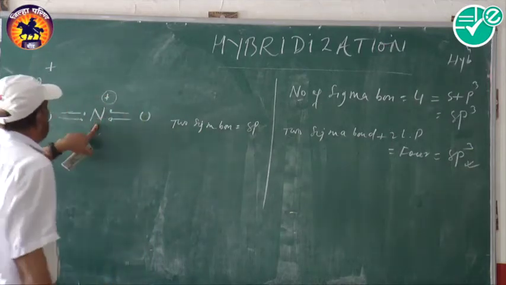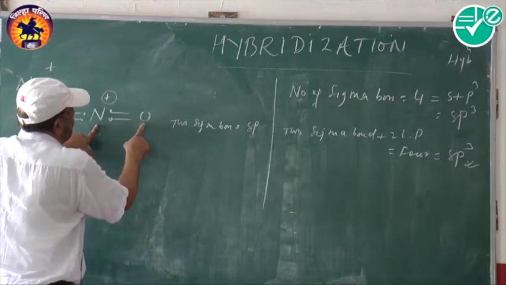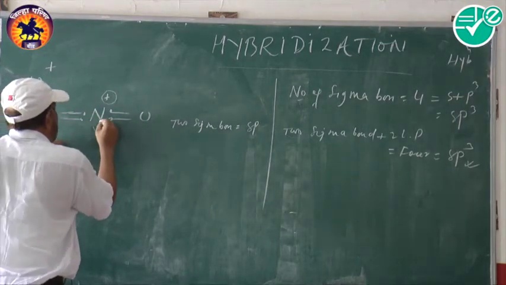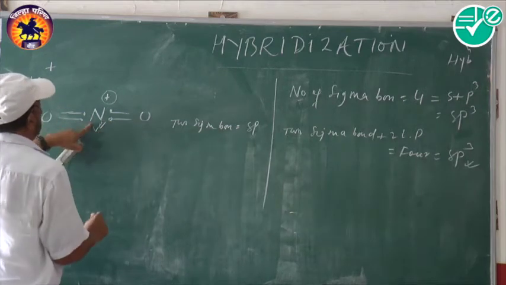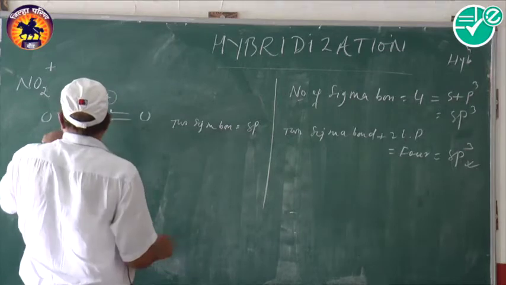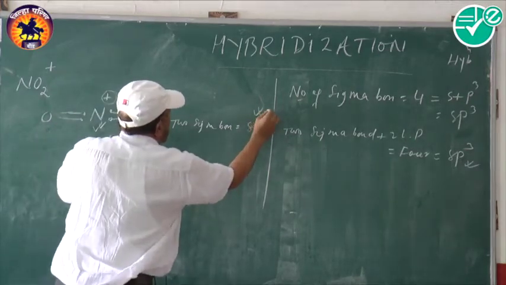Again see, N has 4 bonds, 2 with each O atom, and it should have 5 electrons, but there are only 4, that's why it is plus 1. Therefore only 2 sigma bonds, hence sp.